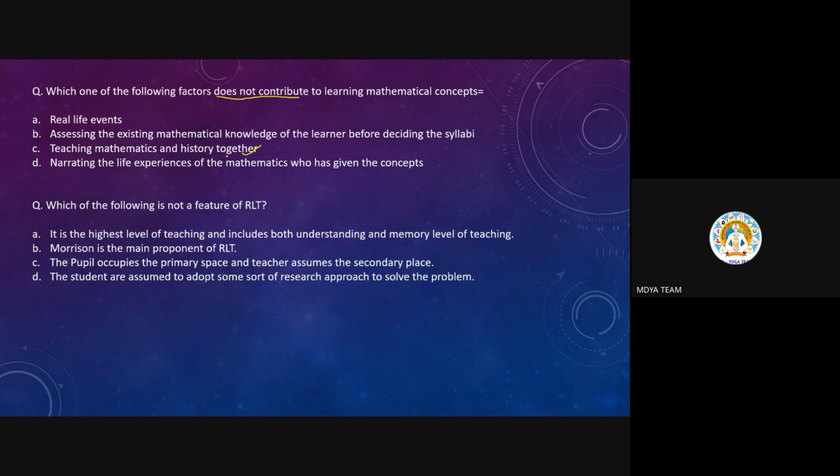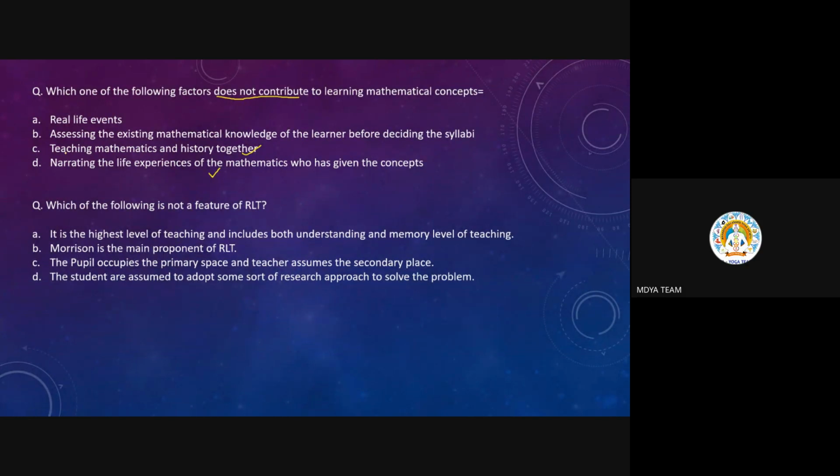Does it enhance the learning of the learners? Probably not, but they are learning mathematics there. In the last option, they don't learn maths; they learn the experiences of those who designed the concepts, so it will motivate them positively.